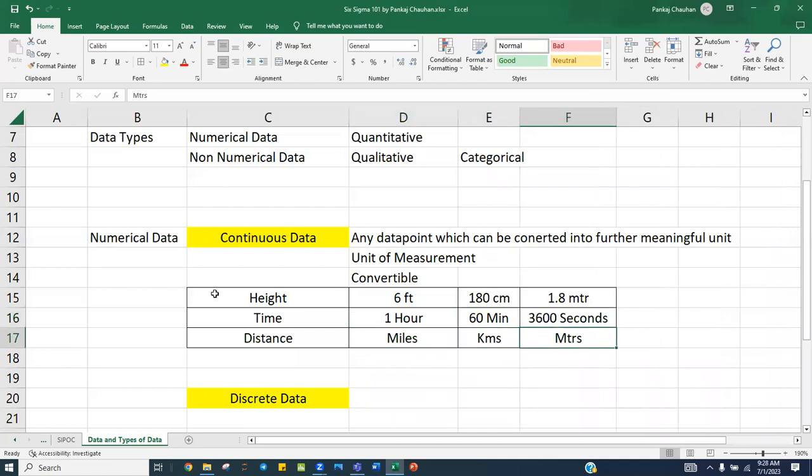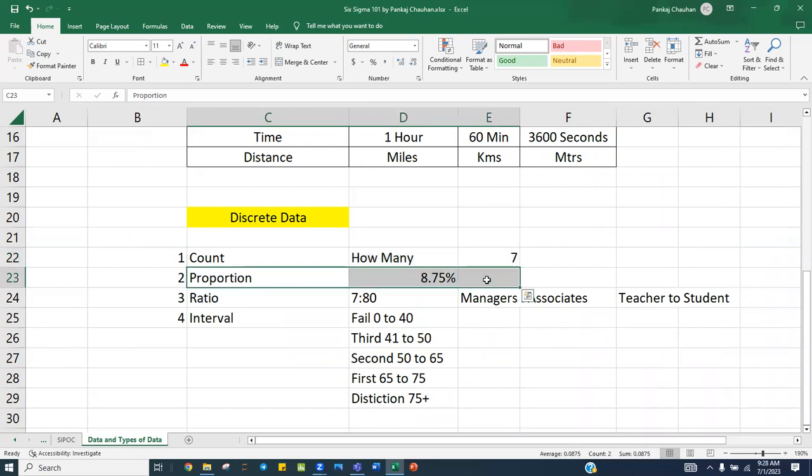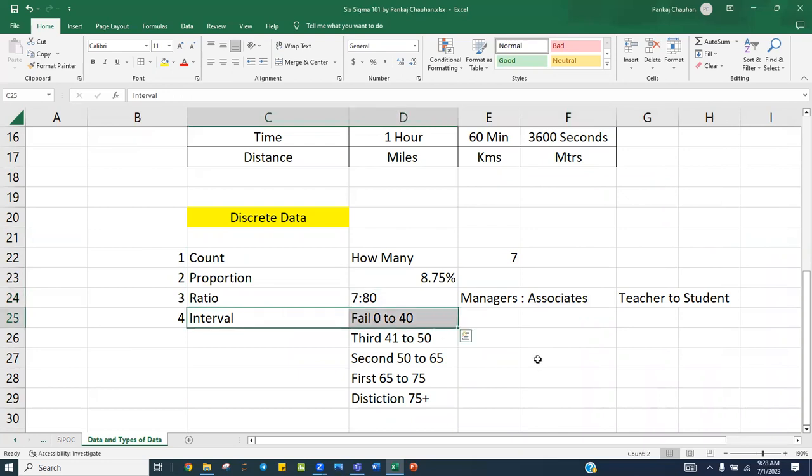Now the other category of numerical data is discrete data, which can be counted, like how many. Proportion: how many you got out of total is the percentage, like here 7 students out of 80 is 8.75%. Ratio, 7:80, manager to associate, teacher to student ratio. Interval, when you are deciding the interval for a particular thing, like low, medium, high.